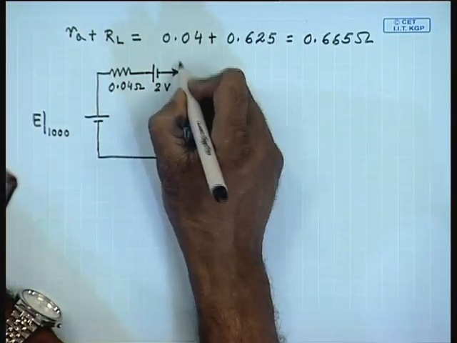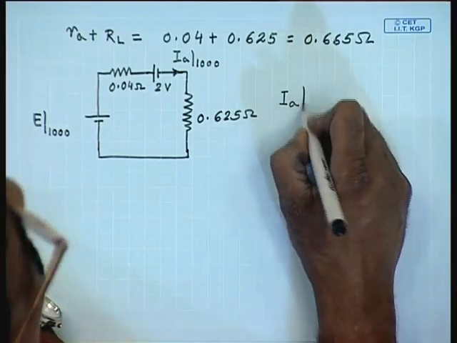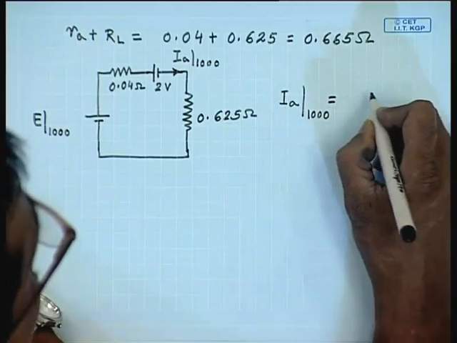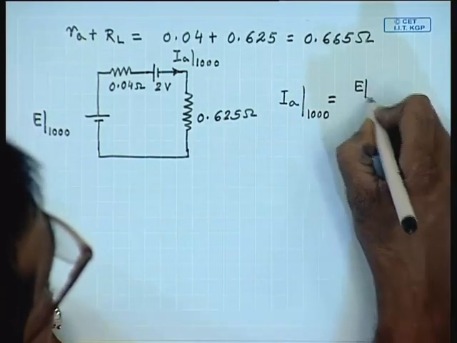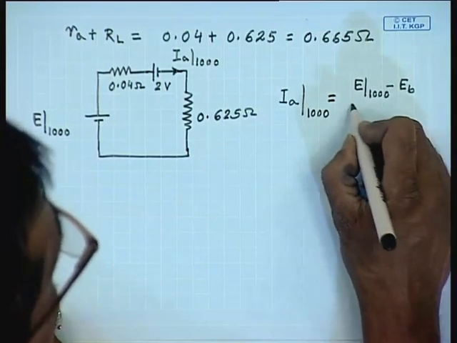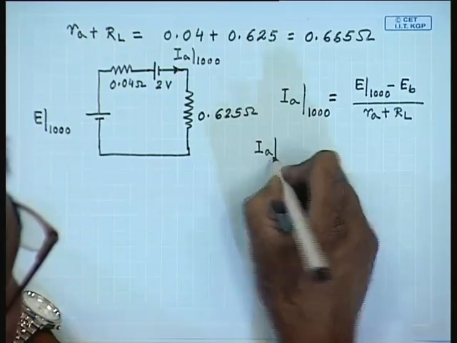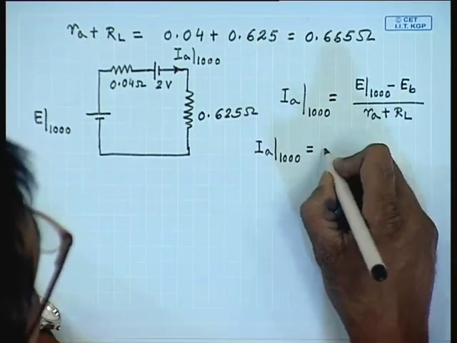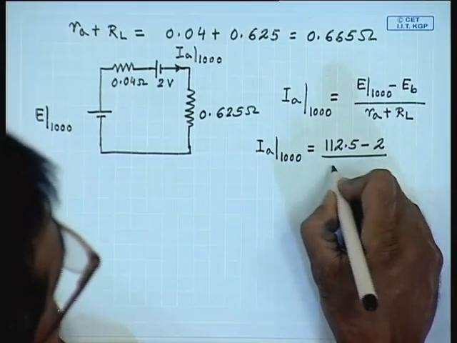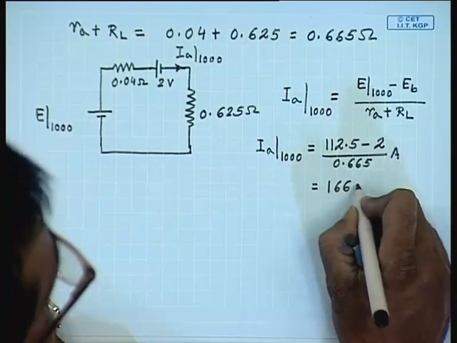Therefore, the current Ia at 1000 rpm equal to E at 1000 rpm minus Eb divided by Ra plus RL, or Ia at 1000 rpm will be equal to 112.5 minus 2 divided by 0.665 ampere. This comes to 166 ampere.